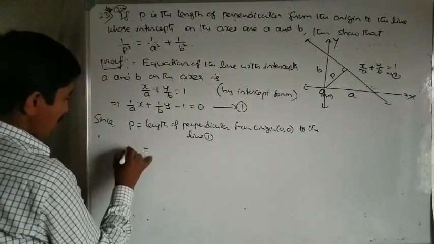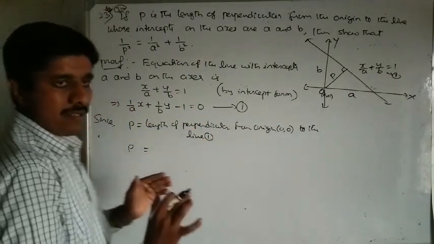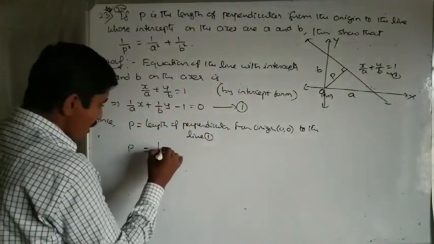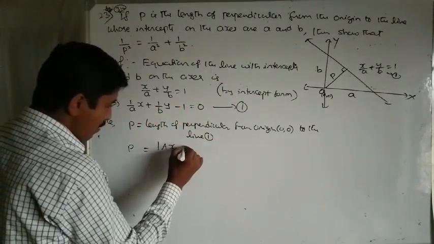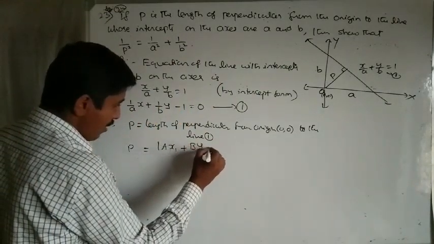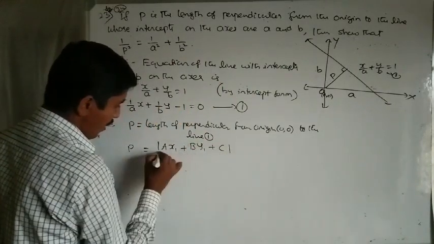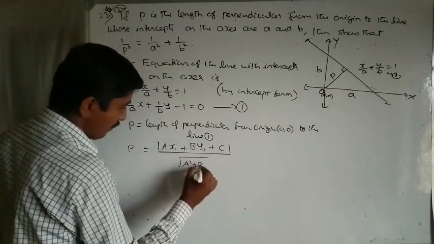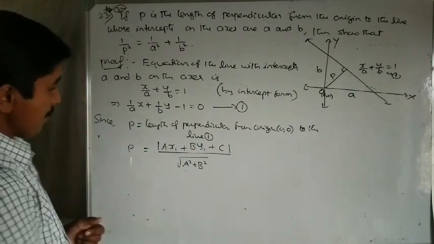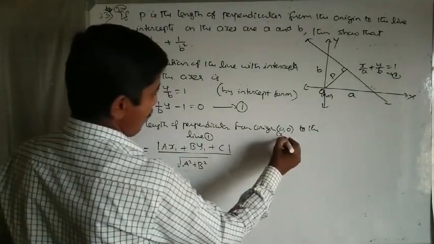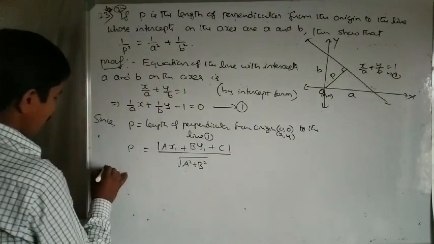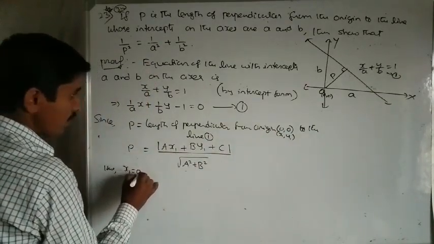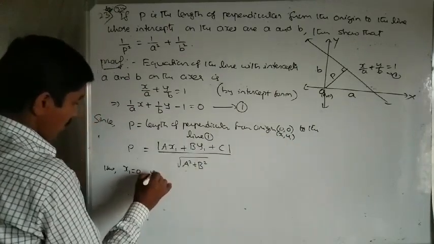Then the formula for the perpendicular distance from a point to a line: modulus of ax1 plus by1 plus c divided by square root of a square plus b square. Here x1 is equal to 0, y1 is equal to 0.